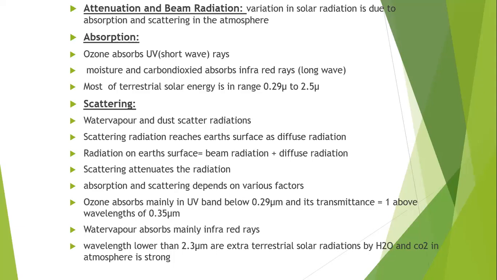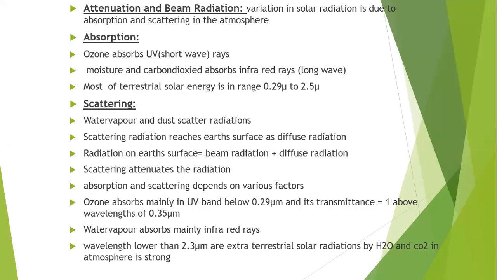What do the water vapors do? The water vapors absorb mainly the infrared band. Infrared bands have higher wavelengths, and these higher wavelengths are absorbed by the water vapors. At wavelengths lower than 2.3 micrometers, the absorption of extraterrestrial solar radiation by H2O and CO2, water and carbon dioxide in the atmosphere, is strong.